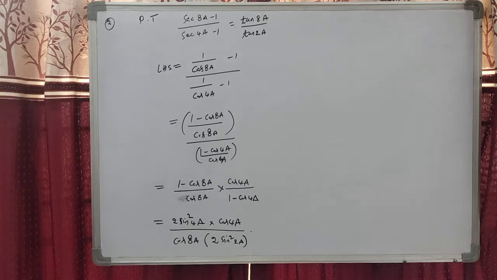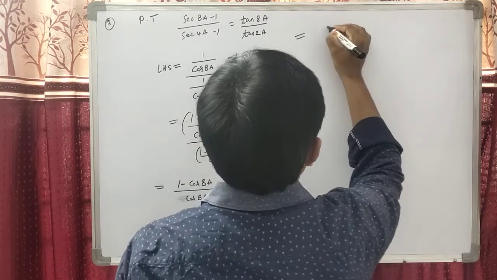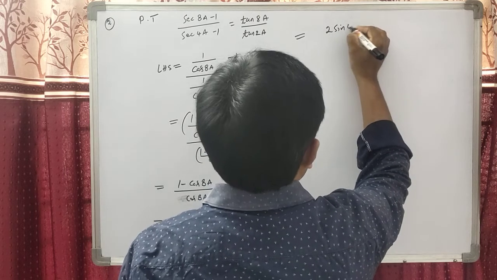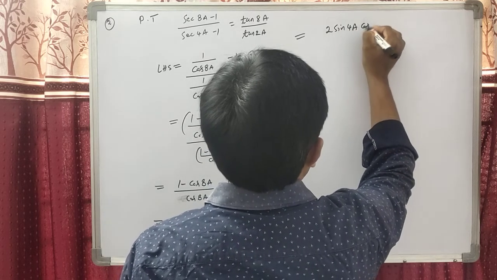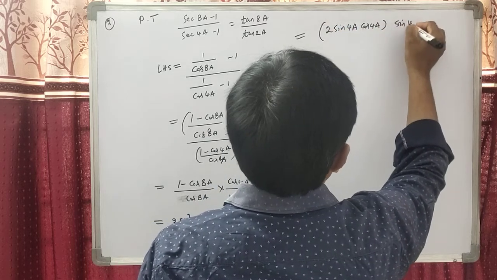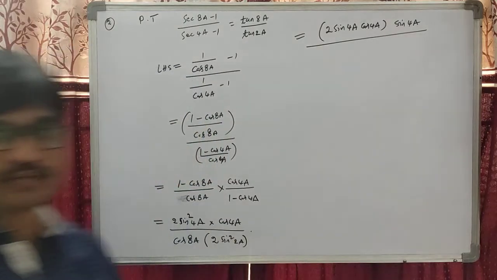Now, here you can observe that this equals 2 into sin 4a cos 4a into sin 4a, sin into sin, sin square 4a.